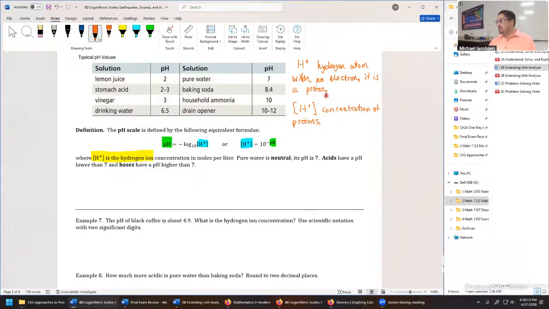Physics wouldn't hurt either. But this is a good way to explain it just to start off. What is going on with the pH scale? So H+ is hydrogen ion concentration, just the number of protons in moles per liter. And that's where, again, I've heard the word before, but if I didn't research this before class and someone asked about it, I would say I have no idea.